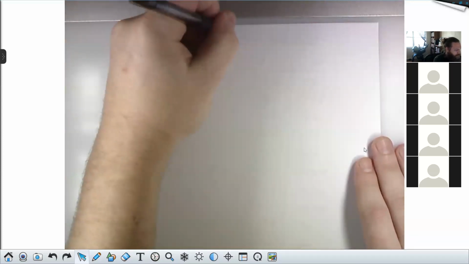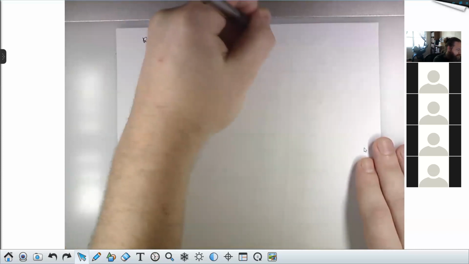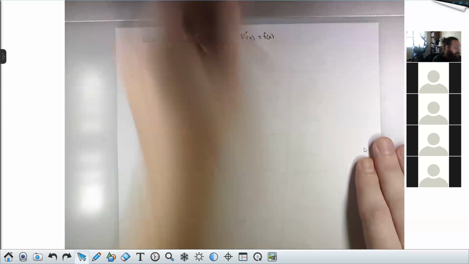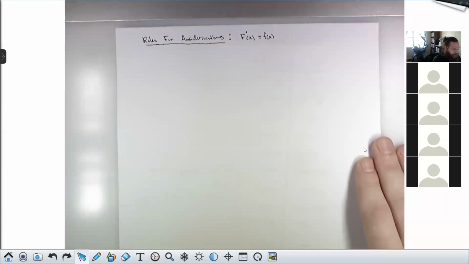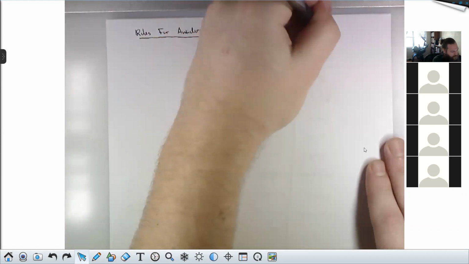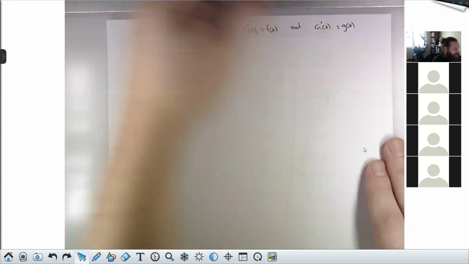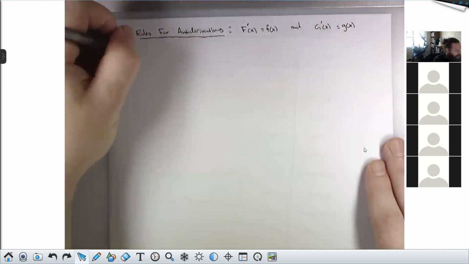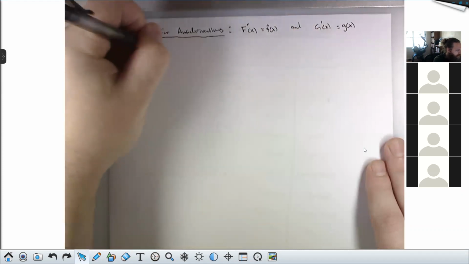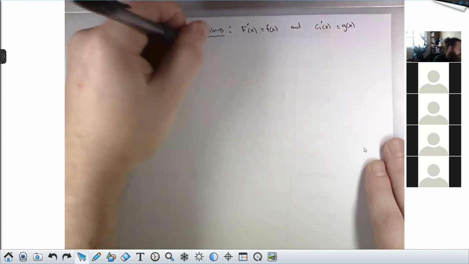At the outset here, we will understand that capital F primed of x is little f of x. So capital F is an antiderivative for little f. And capital G primed of x is little g of x. And I know it's bad grammar, I'm sorry. And k is a constant.